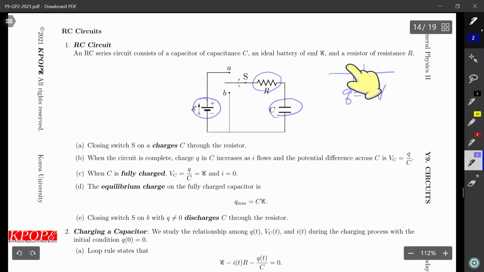Q is the amount of charge, so if the current flows in and positive charge accumulates, and an equal amount of negative charge accumulates here, then the potential difference between the two parallel plates becomes V, and C is the capacitance.